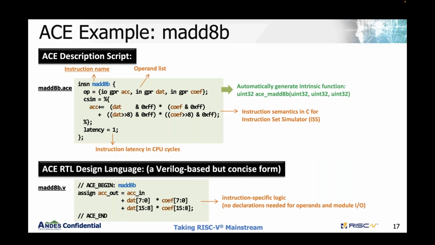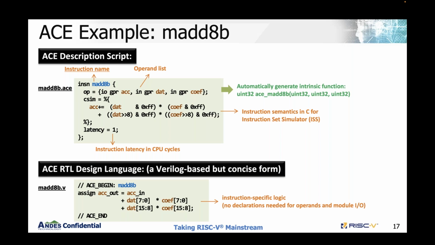Okay, here is an example of an ACE design using 8-bit multiply and add instructions. In the upper window, the blue letter is the instruction name, and the OP defines the input and output of these instructions.